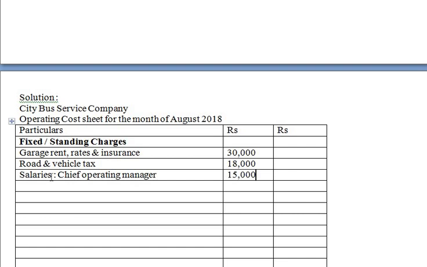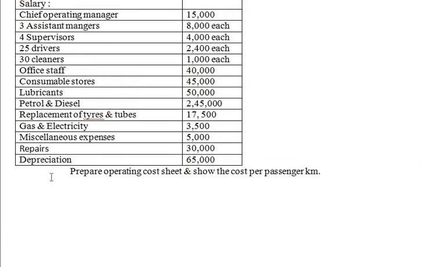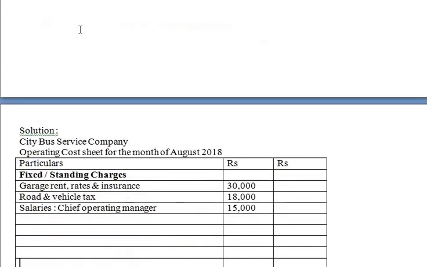Next, 3 assistant managers. 8,000 each they have given, right? In brackets we will show the calculation. 8,000 each, and there are 3 workers, so 3 into rupees 8,000, so that will be 24,000.